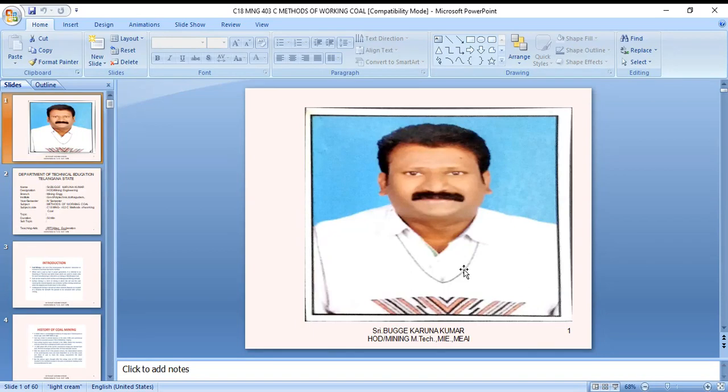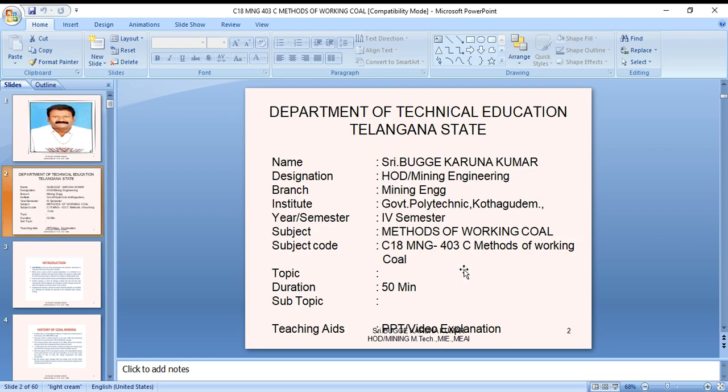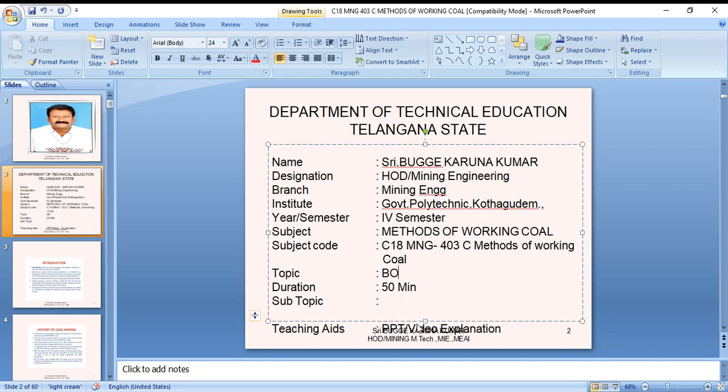Today we are going to learn about methods of working coal, part of the subject coal mining, and various methods of extraction techniques. This is the Methods of Working Coal subject. The topic today is board and pillar mining.